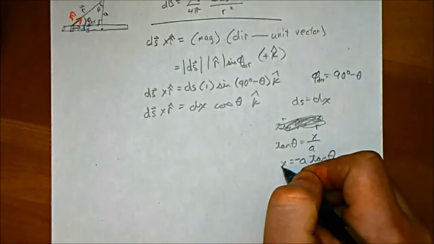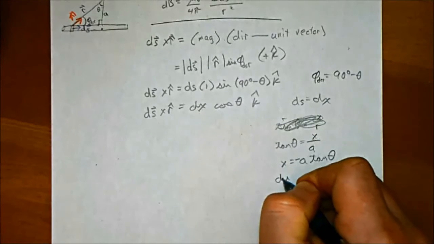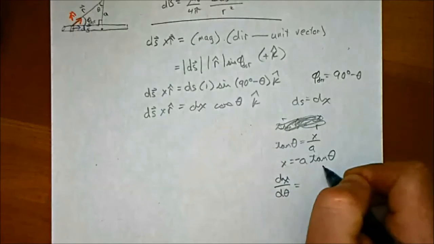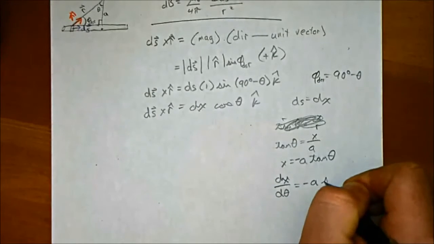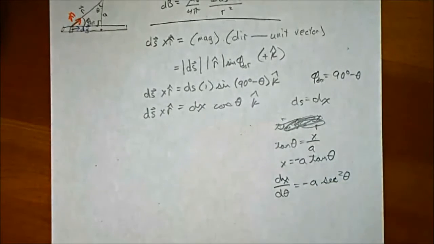So now I've got x, but I need dx. So I can differentiate x with respect to theta. We've only got one variable, so I can do that, and end up with negative a secant squared theta. How did I get that? Well, you just know that the derivative of tangent is secant squared. If you don't know, you look it up in a table.